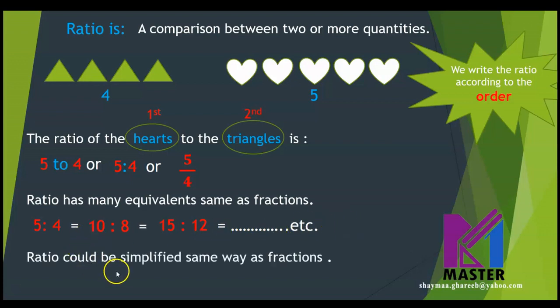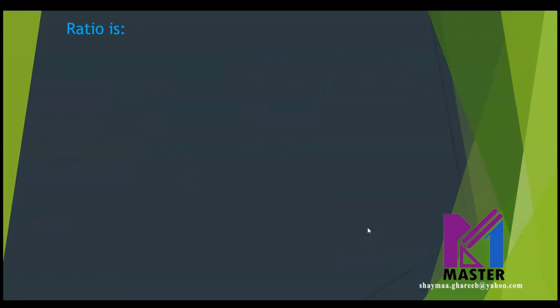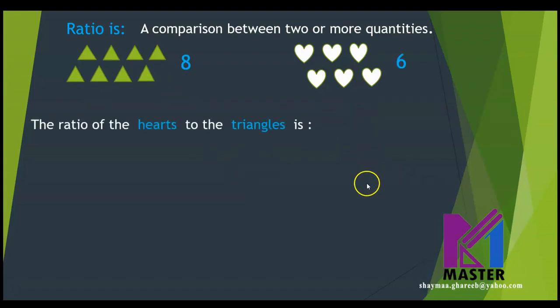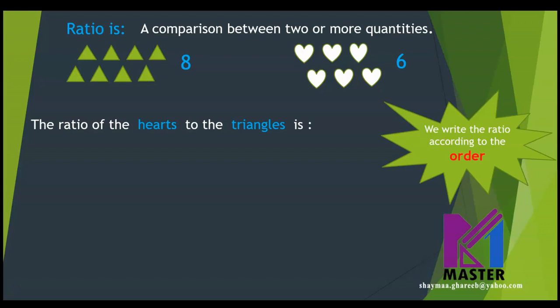We can also simplify ratio same as fraction using division. Now look at this example. I have here 8 triangles and 6 hearts. The ratio of the hearts to the triangles is, as we said before, we write the ratio according to the order.